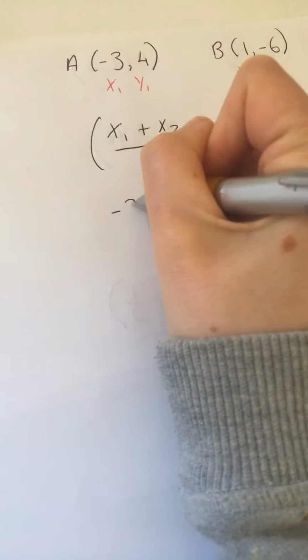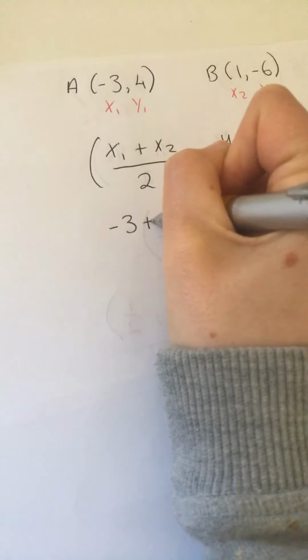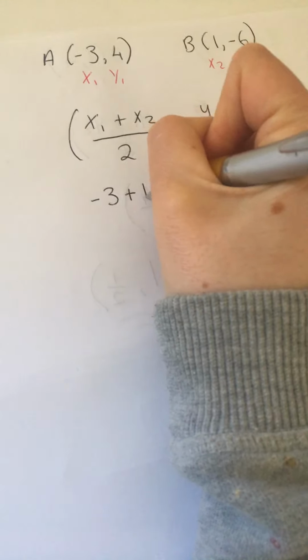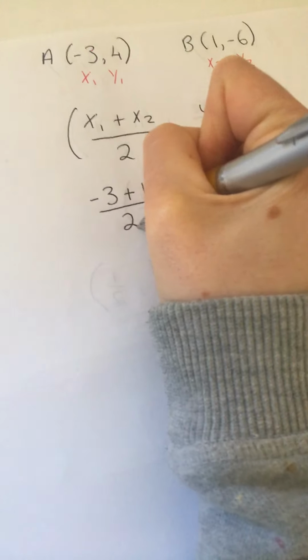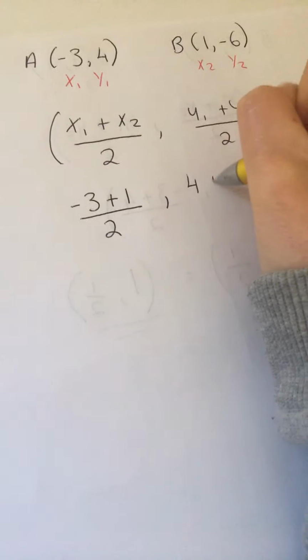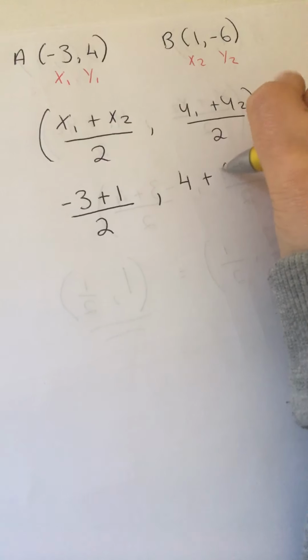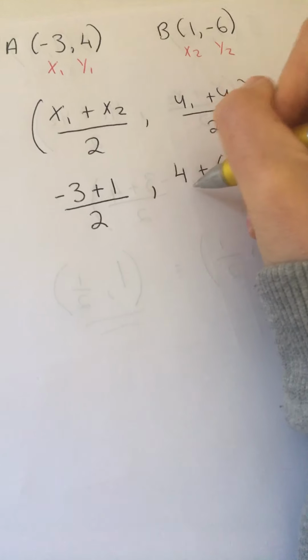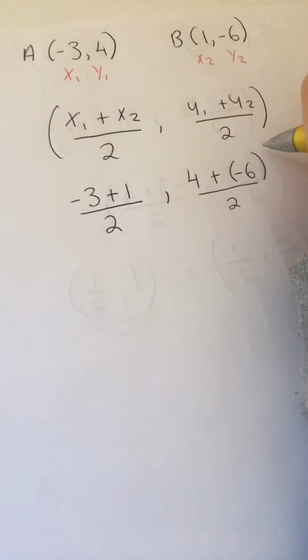x1 is minus 3 plus x2 is 1 all over 2. y1 is 4 plus y2 is minus 6 all over 2.